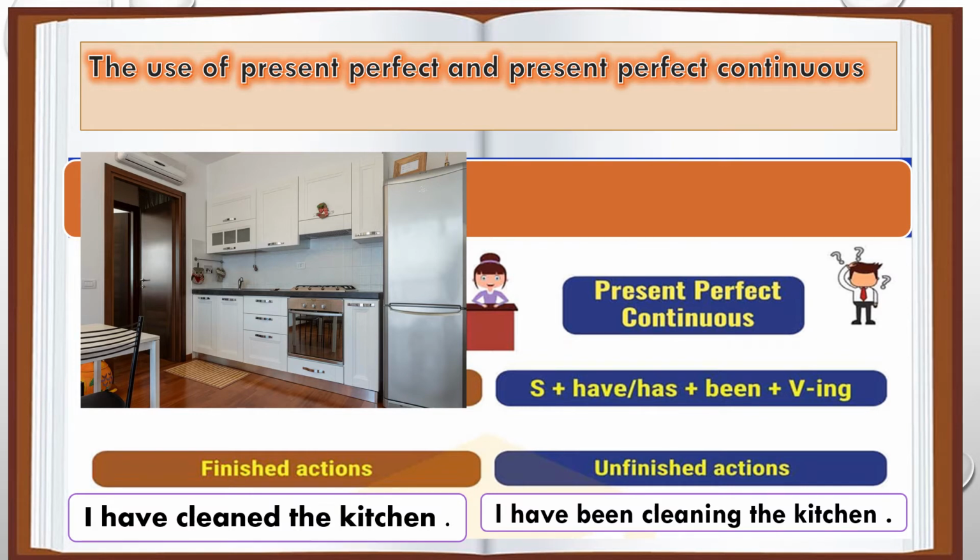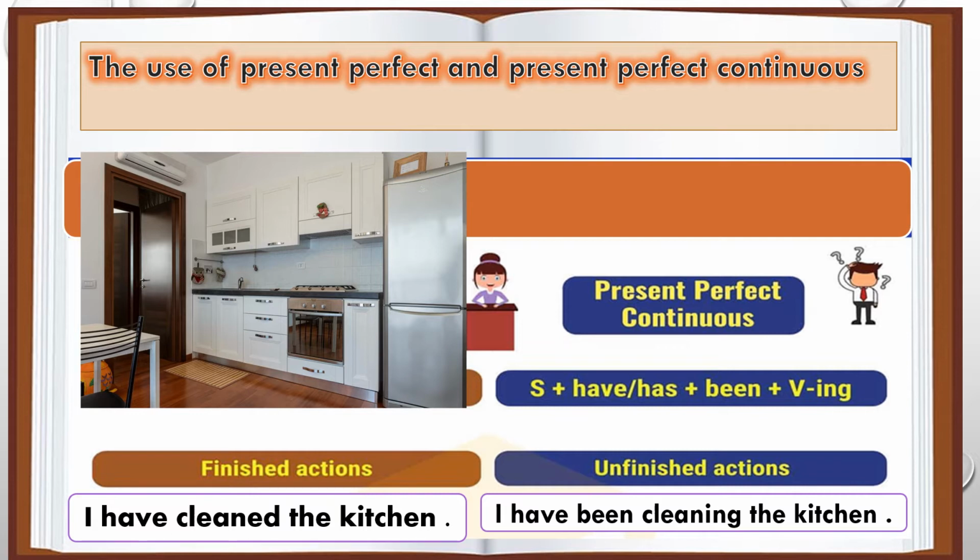هاي هي النتيجة. We use present perfect continuous, which is subject plus has or have plus been plus the ing form of the verb or present participle form of the verb for an action started in the past but it is unfinished till now.